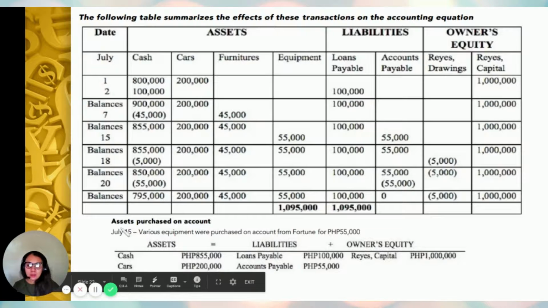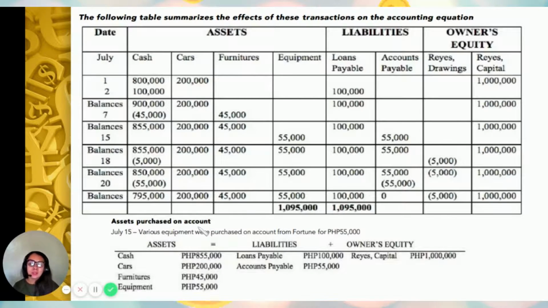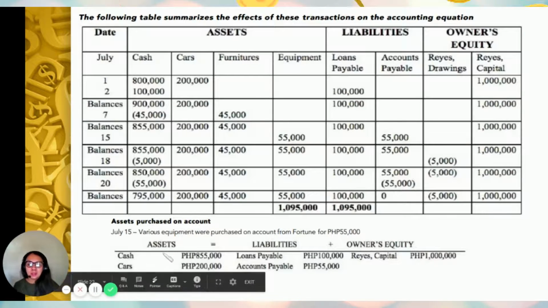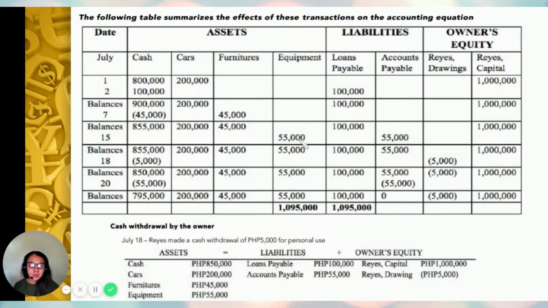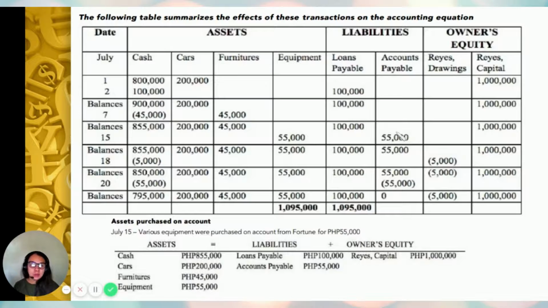Next is the assets purchased on account. Again, assets purchased on account means the business bought something, but we haven't paid cash yet. There was an increase in the equipment. So we have a new account, equipment, that's for 55,000. And there's also an equivalent increase in the accounts payable, and that is for 55,000.